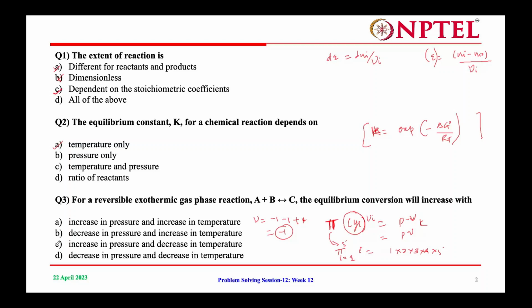The option is C: the equilibrium conversion will increase with an increase in pressure and decrease in temperature for the exothermic reaction, right?